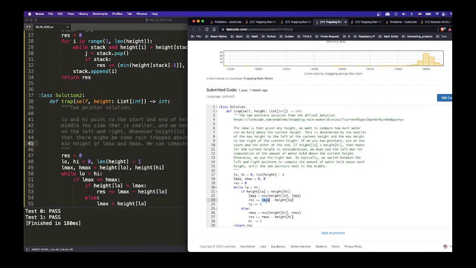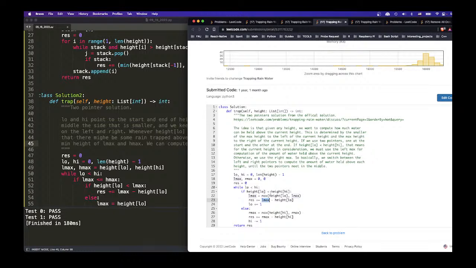So we start at the two ends, right? And I'll get the current left max, the low max. And in the first scenario, yes, the current low max is smaller than, okay, we can do that. I'll keep going.